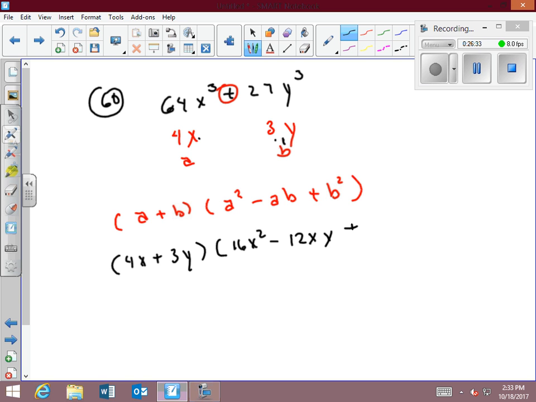And then it's going to be plus the B squared, which is 3 squared y squared, which is 9y squared, right? Now, if you can't figure it out, write it in. Write this one as 4x, the quantity squared. Write this one in as 4x times 3y. And write this one as 3y, the quantity squared. If you can't get it figured out. Otherwise, just do it in your head.